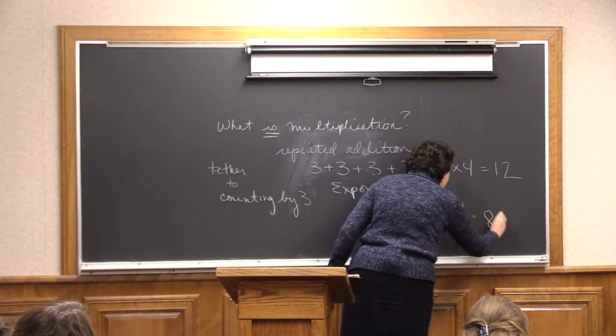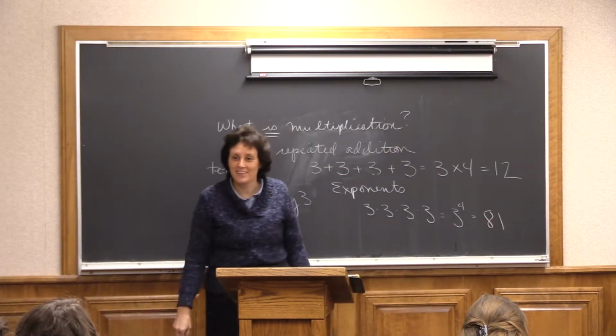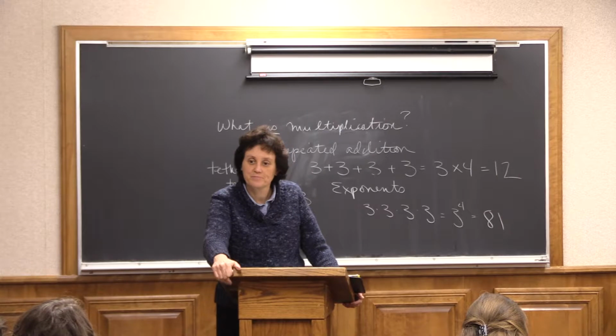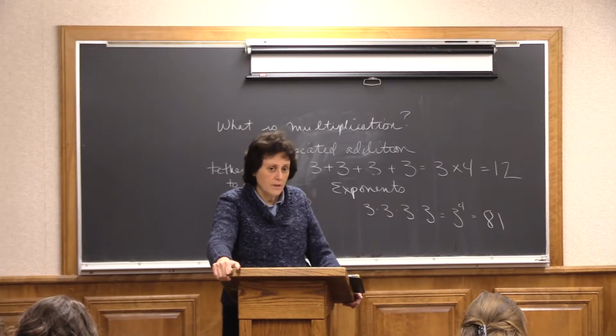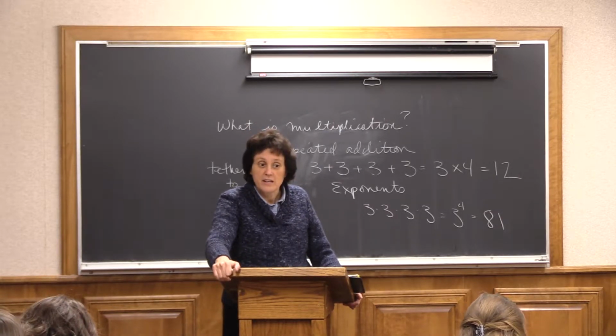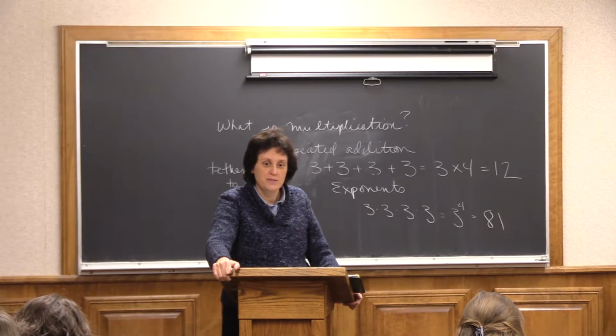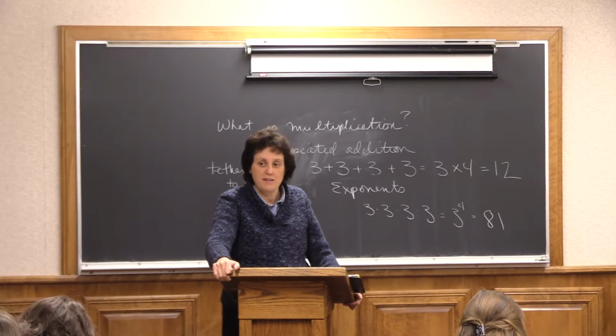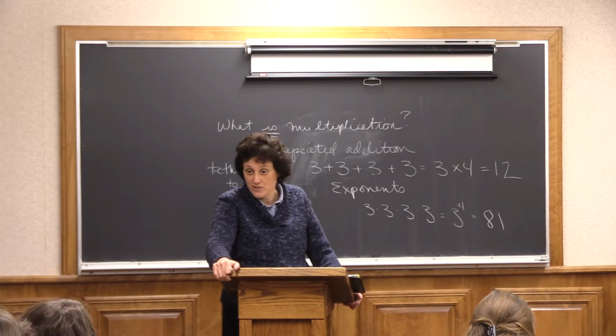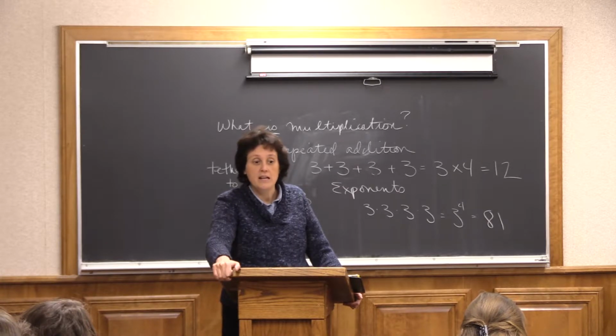A little harder to do the repeated multiplication than the repeated addition. Okay? So in your mind, you probably knew a lot easier that exponents are repeated multiplication than you remembered that multiplication is repeated addition.